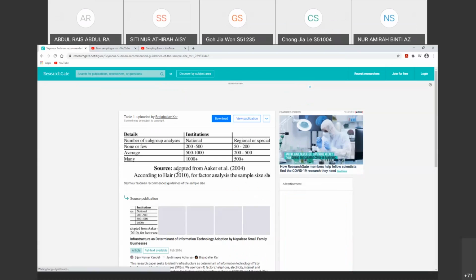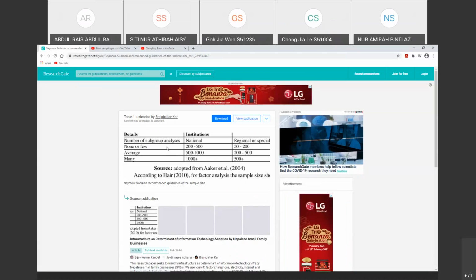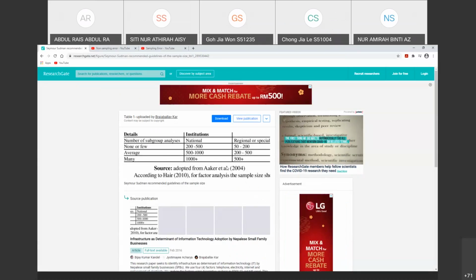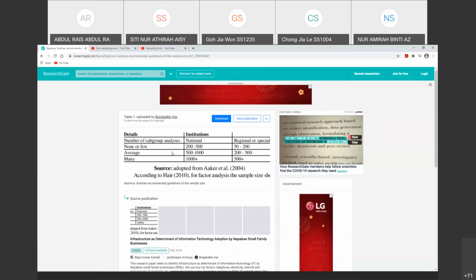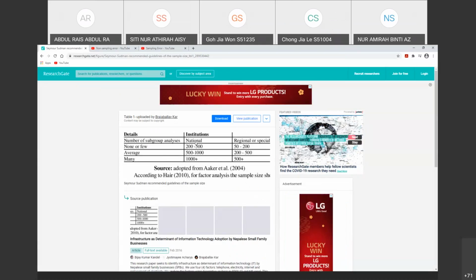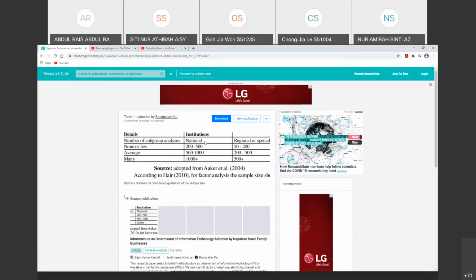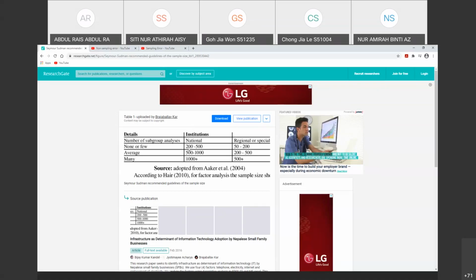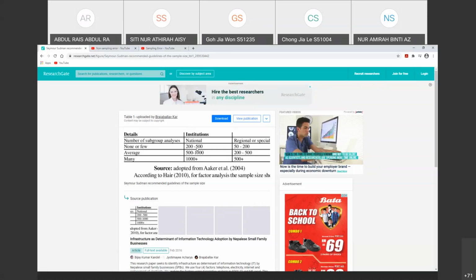Okay, kalau you tengok screen sini, this one is the rule of thumb by Sudman, 1976, adopted by Aker and Hare. Dia ada breakdown of how a nationwide study or a regional study can be conducted. Kalau you tak ada any subgroup ataupun sikit saja, national level dia kata kat sini, acceptable between 200 to 500.